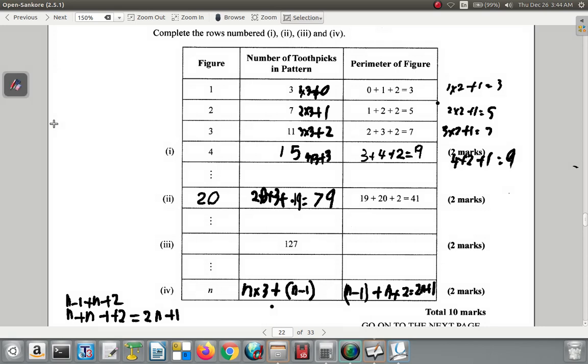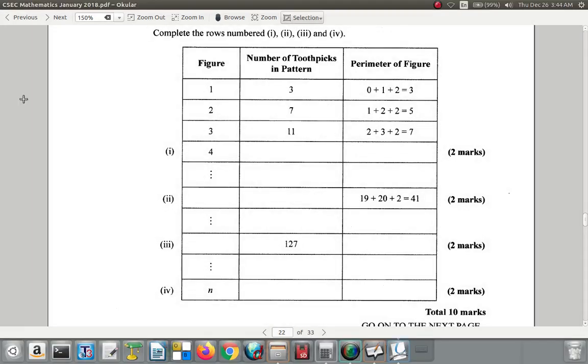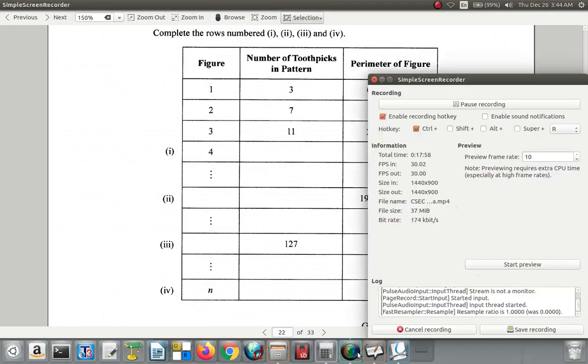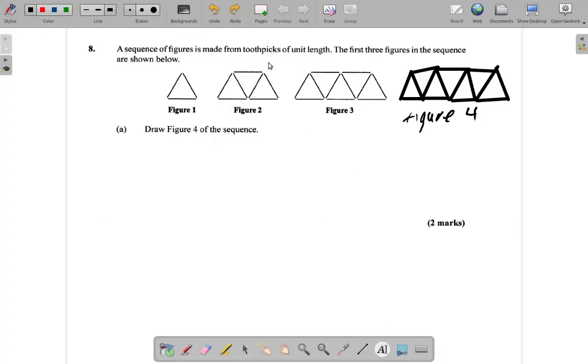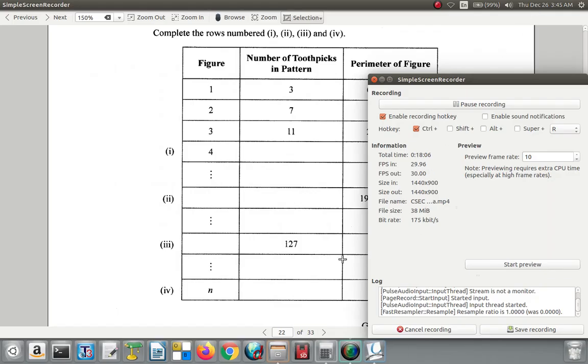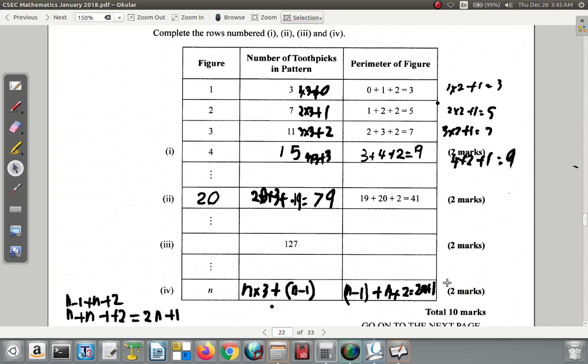Let me just rewrite this part. I seem to have messed up a bit. Let's go back to it. Alright, good. I want here to be a little neater. It's 2n plus 1. Alright, good.